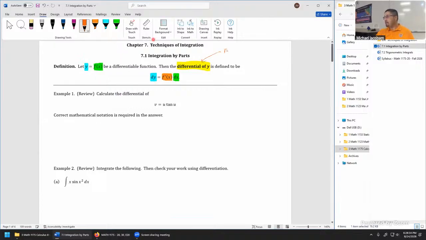So the differential is not the derivative, but you throw in the derivative as part of it. Let's just say the derivative is a component to the differential, which is nothing but a particular kind of equation.